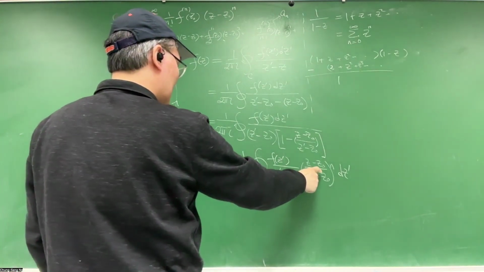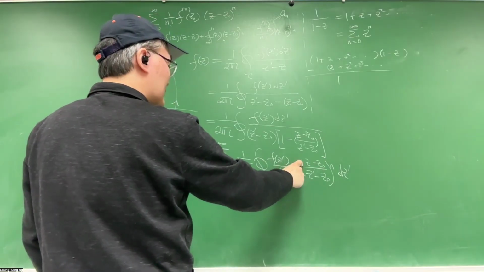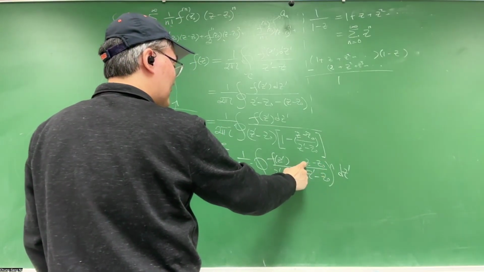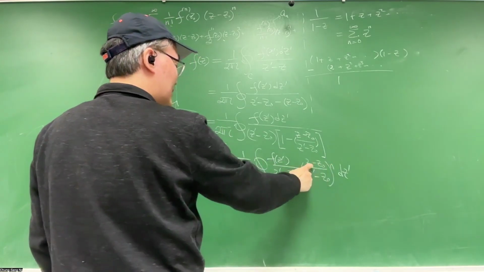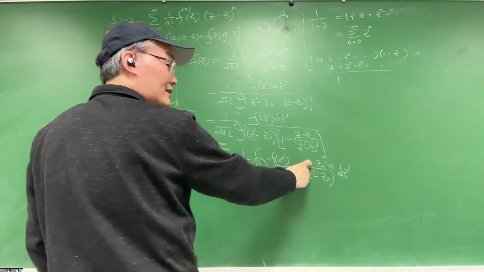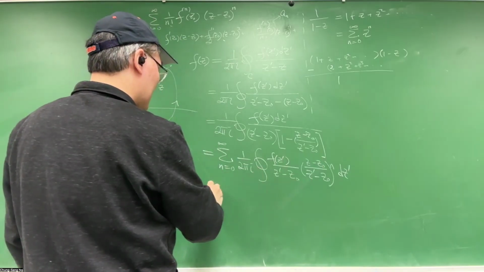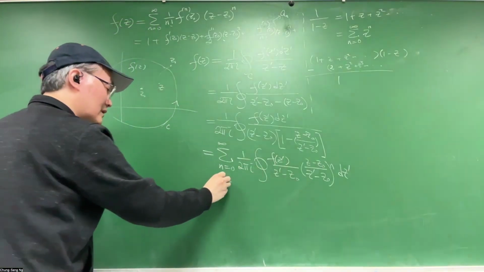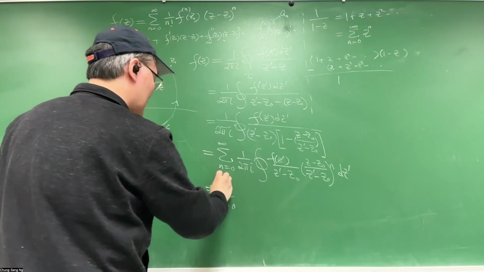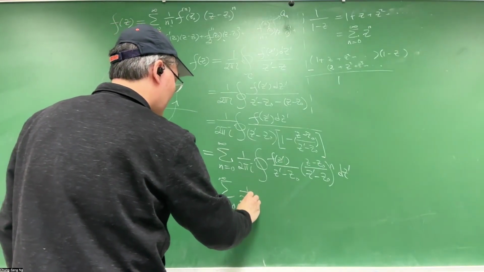Okay, then this factor, the numerator (z minus z₀) to the power n, doesn't involve z', so you can take that out of the integration. That is sum over n, and the 2πi.